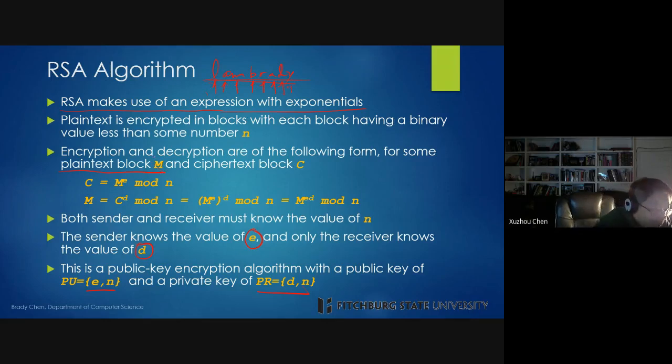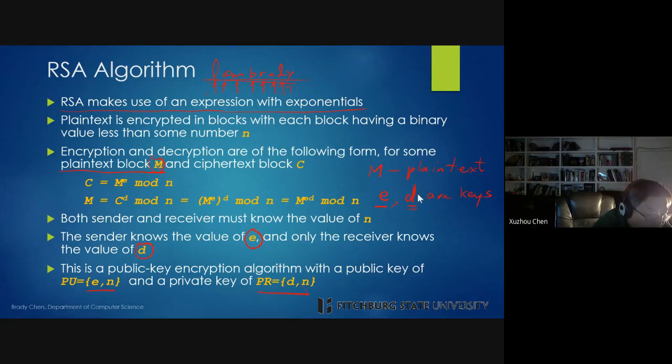That number is m, the plain text, which is an integer. Now, e and d, I'm sorry, are two keys. One can be a public key, the other one can be a private key.